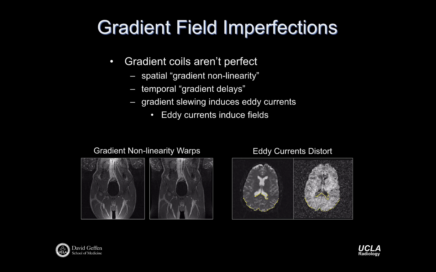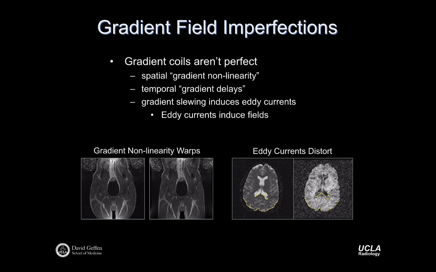We'll talk about eddy currents more later, but what it looks like in imaging is if I turn on really strong gradients in different directions, so I can turn a gradient on in the x direction, or in this case the y direction, you can actually get your images to distort if those gradients are strong enough. So there are ways in which our gradients are imperfect. But again, for this class, we'll treat them as being linear over the field of view we care about.